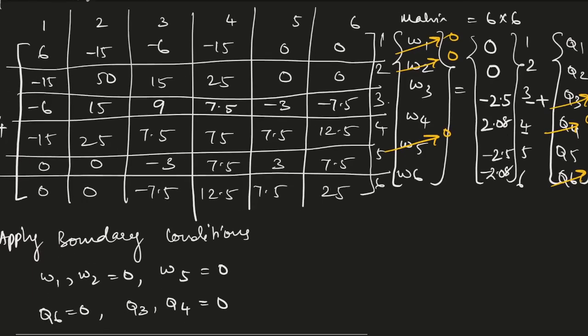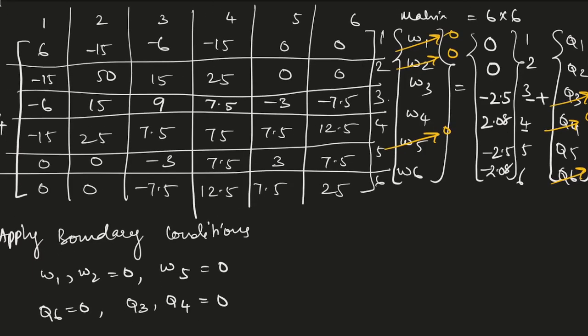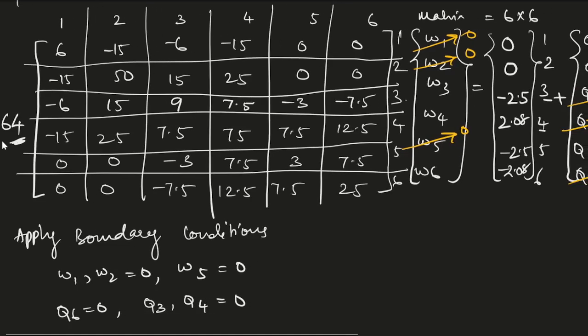Now we have to frame the equation. We should not forget that we have a 64 outside as well, so you have to multiply with that. The first row and the first column will be eliminated because these are 0 values. Similarly, the second row and the second column will be eliminated.